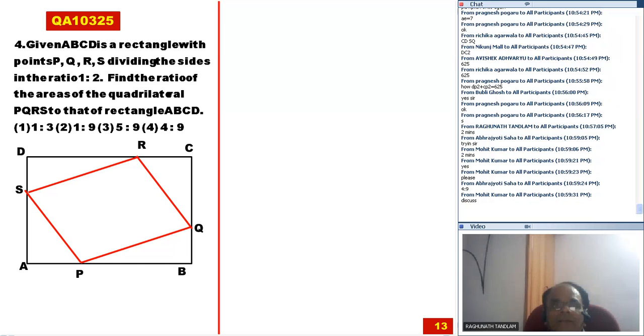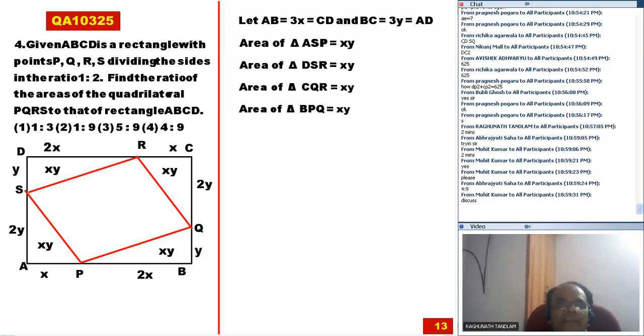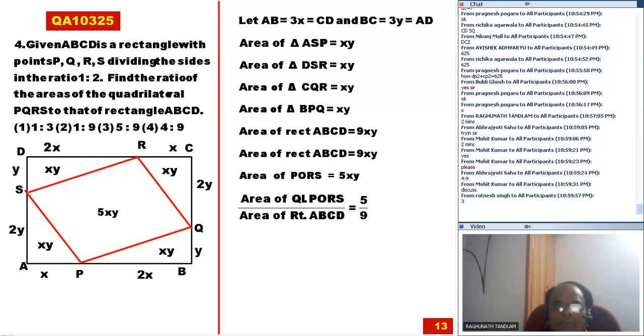Let AB be 3x, CD be 3x, BC is 3y, AD is 3y. What's the area of triangle CRQ? XY. Answer is 5:9. Are we clear?